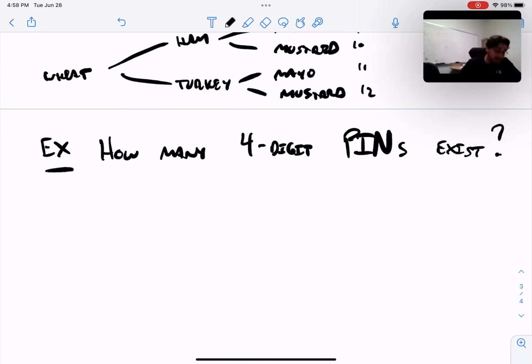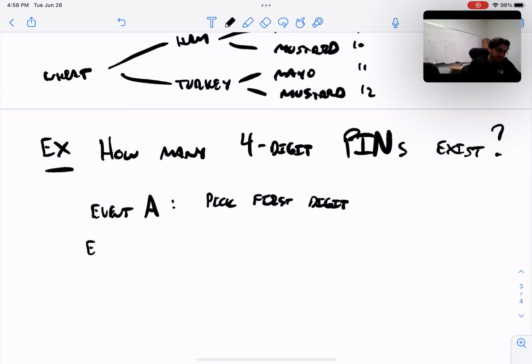Well, let's think about this. Let's think about event A. When you chose your pin, what's the first thing you had to do? Well, let's say event A is pick the first digit of your pin.